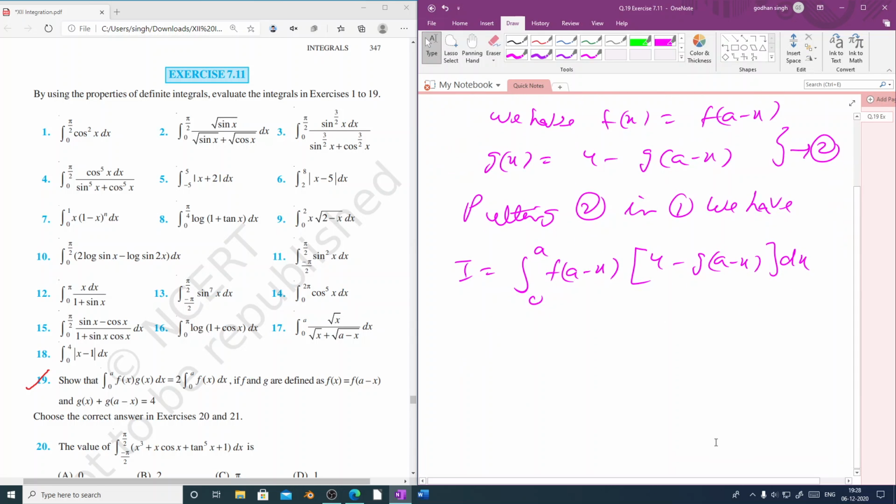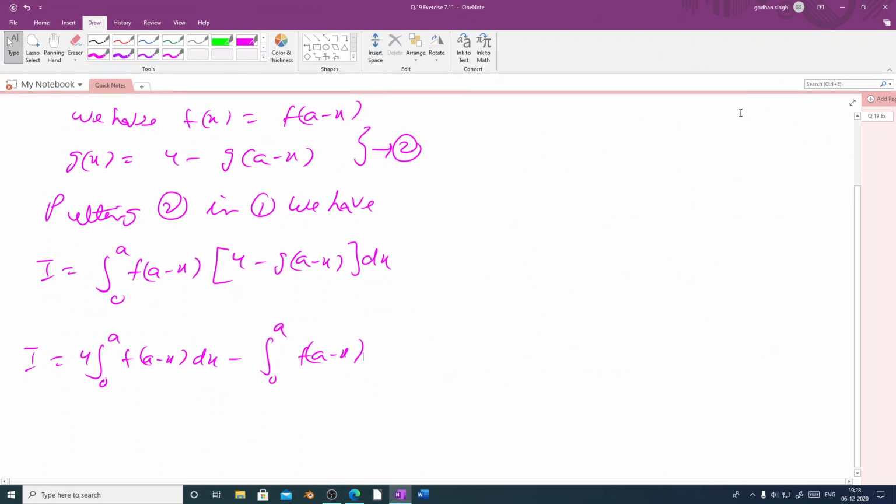So this can be written as I equal to integration of 0 to a f(a minus x), and 4 we can write here, dx minus integration of 0 to a f(a minus x) g(a minus x) dx.